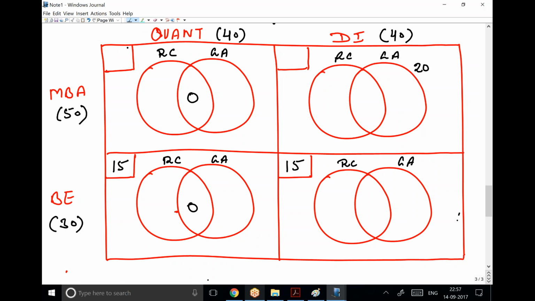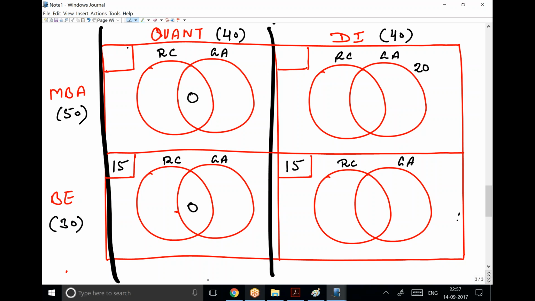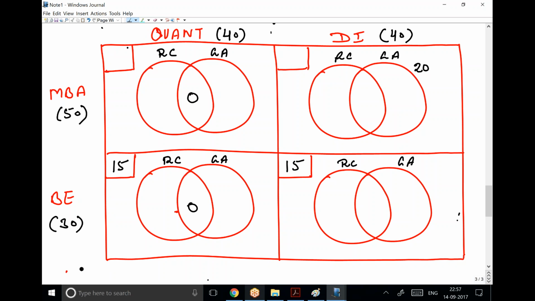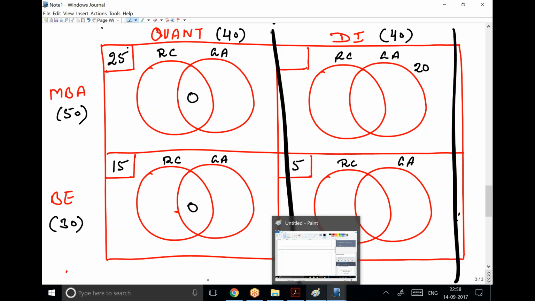Similarly, if you see quant here only, the whole box represents 40 here, right? This is representing 40. If this is representing 40 and out of 40, 15 has come here, that means 25 is left out. It means 25 will come in this particular portion. Now you can see this box is representing 40.